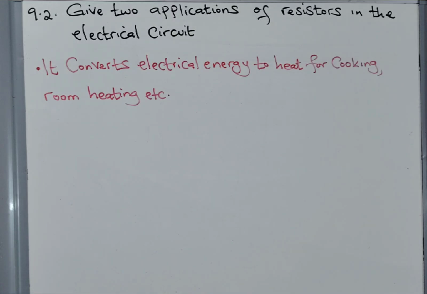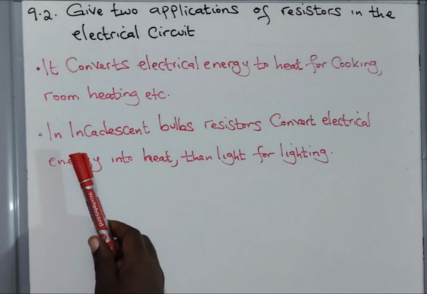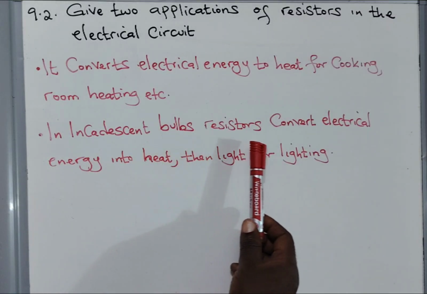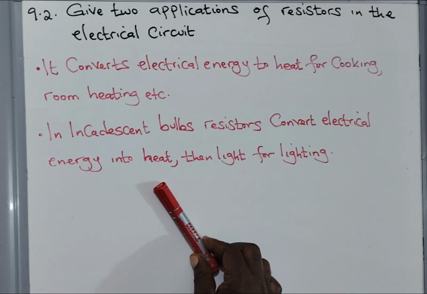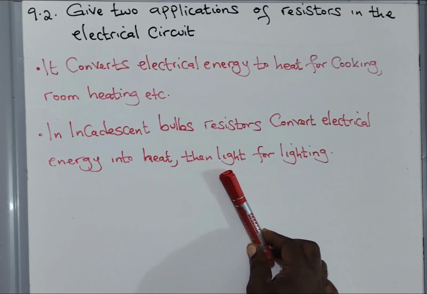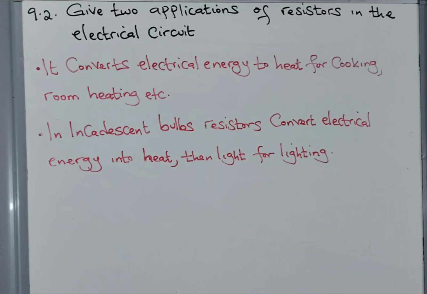So what happens in the bulb is that electrical energy is converted to light. So that's the second one. In incandescent bulbs, resistors convert electrical energy into heat, then heat to light for lighting in the dark.